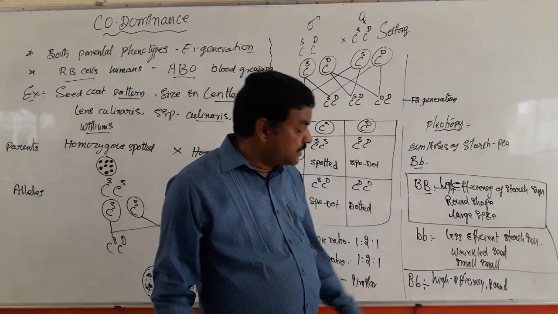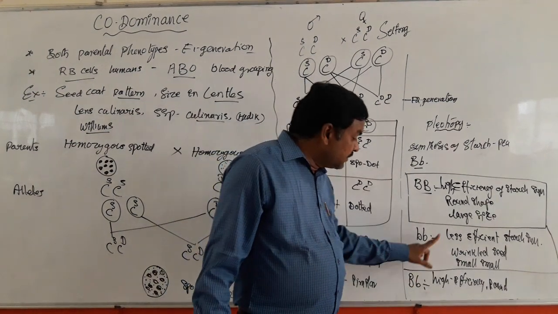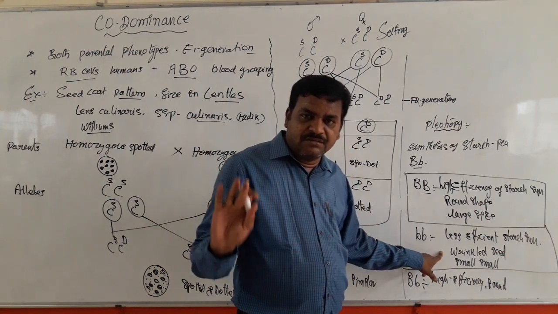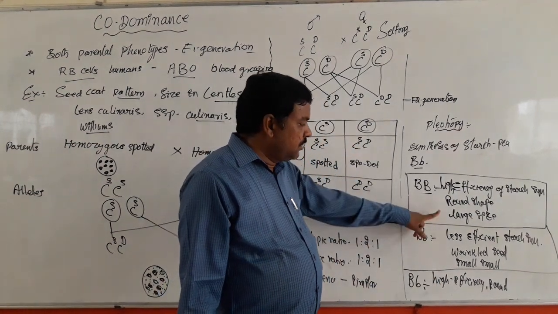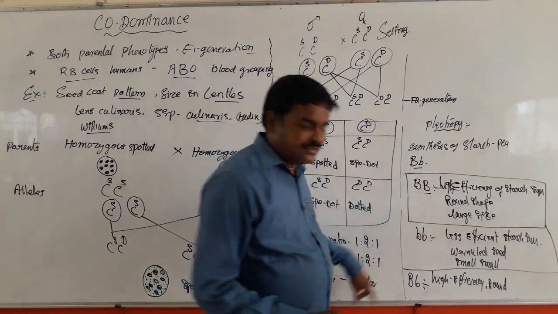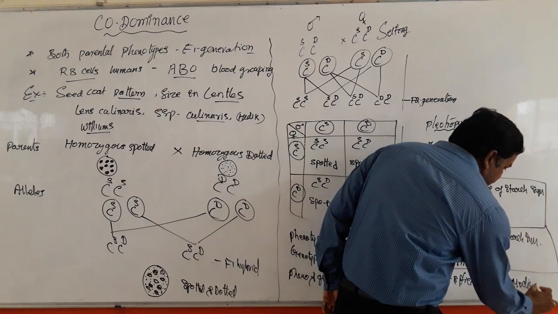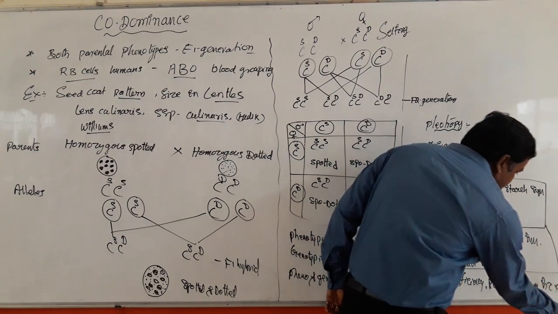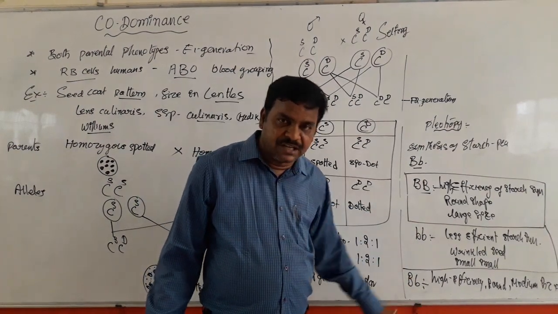is not expressed in the F1 generation, and the small character is not expressed either. So medium sized seeds are established in the F1 generation.